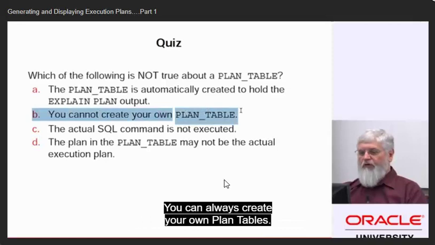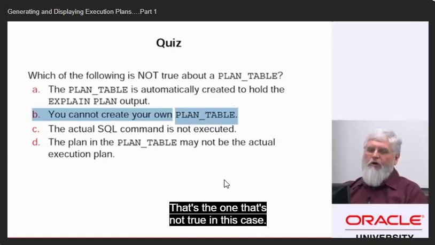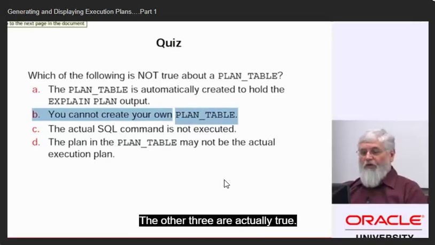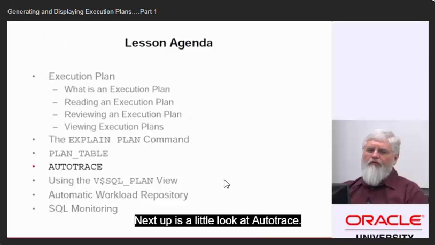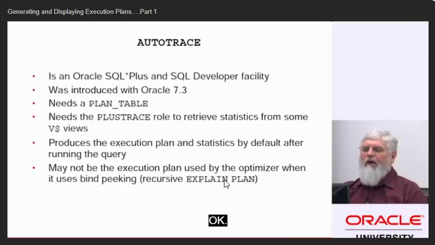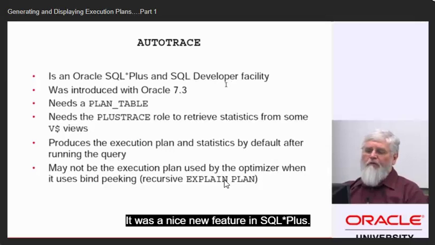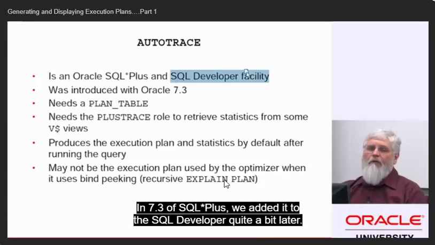Next up is a little look at AutoTrace. It was a nice new feature in SQL*Plus. In 7.3 of SQL*Plus, we added it, and to SQL Developer quite a bit later. SQL Developer is a fairly recent innovation. It needs a plan table, but we now have the automatically created one it can use.